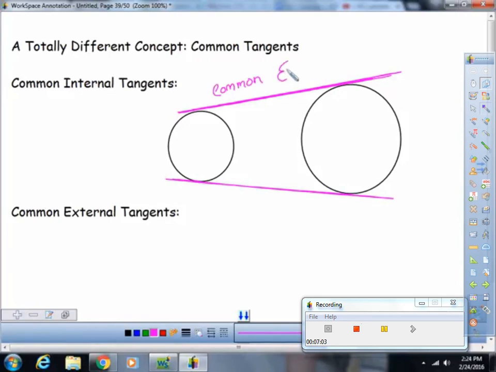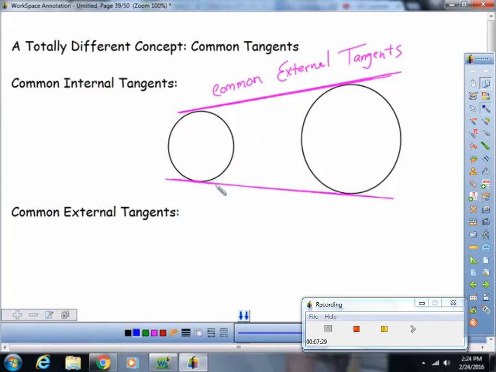Next, we will write two examples or two common internal tangents. So we'll switch our colors up. Do the best we can. This thing is not synced very well right now, so it's really hard for me to be exact, but consider that blue line to be a tangent line-ish.